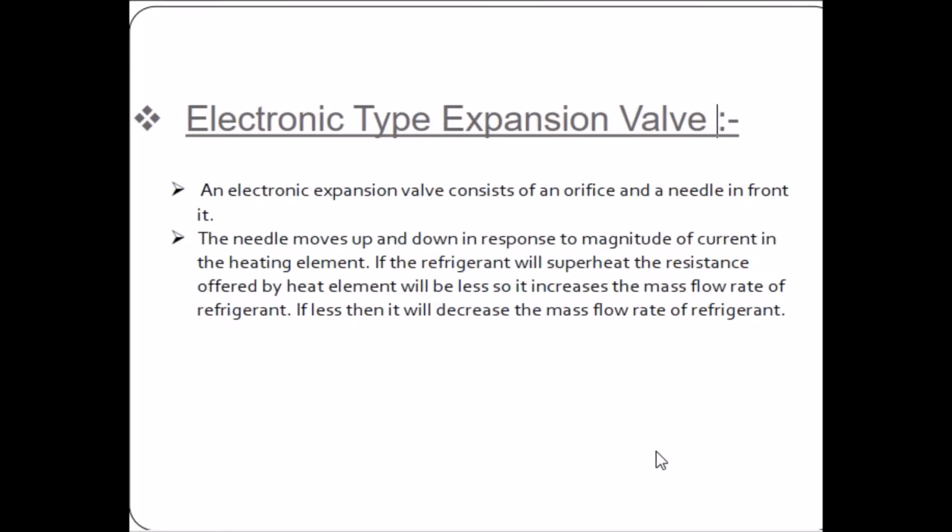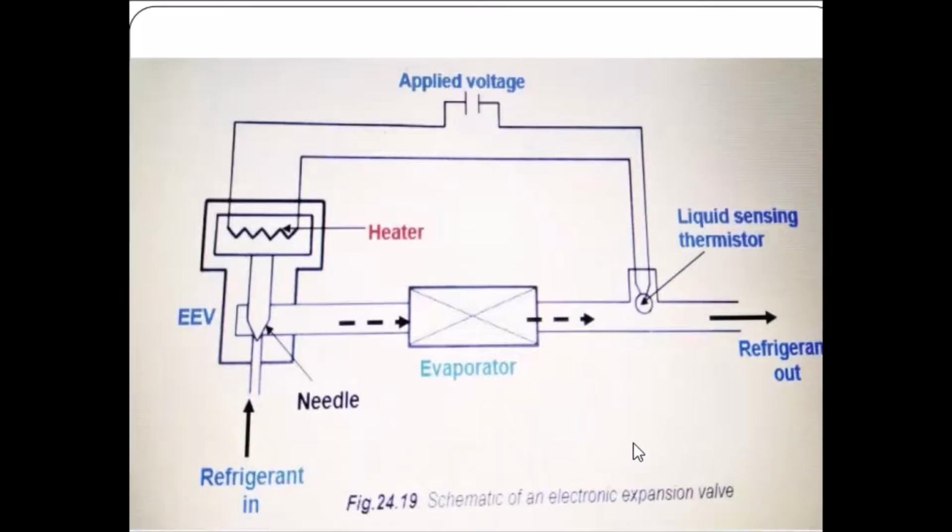Yes. If the element works or increases, it means the supply of refrigerant will reduce. Yes. Okay, we will see how the electronic type expansion valve works.